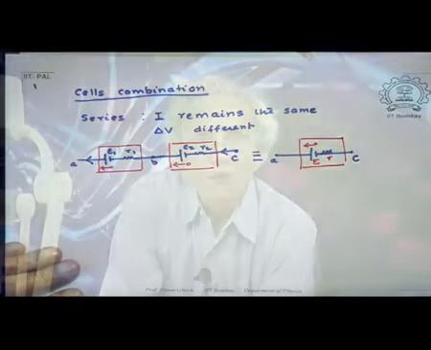Later on today, when we discuss the general rule for finding out current, we will realize that it is immaterial what your assumption regarding the direction of current is, because if you have made a mistake in the beginning and your answer turns out to be with a minus sign, it simply means that the direction of current is opposite to what you have assumed to be true. So let us look at that.